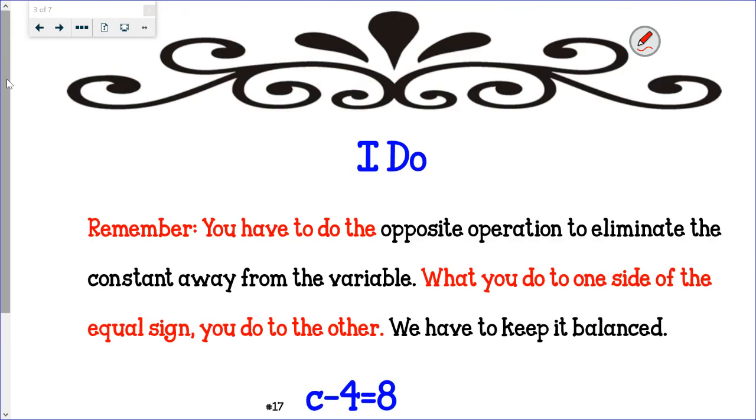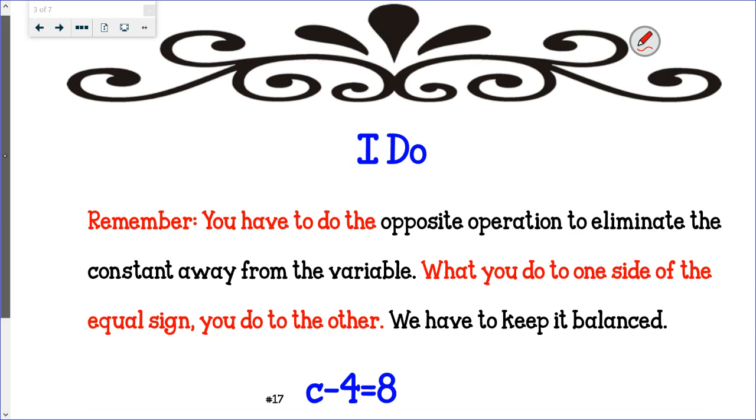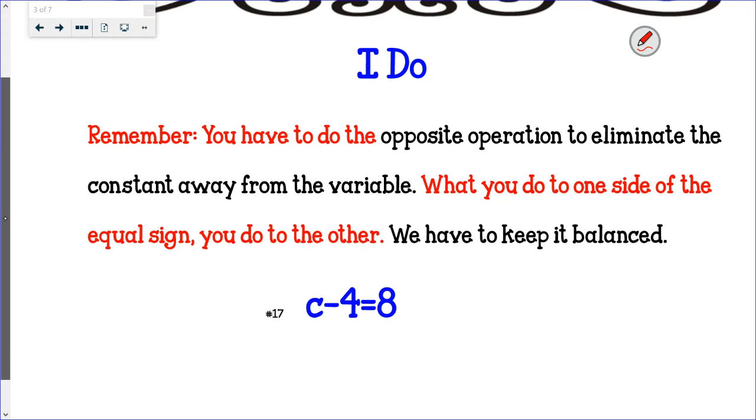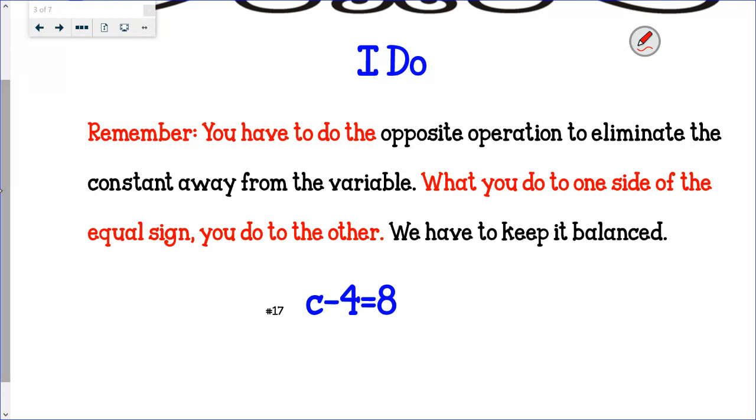So remember, we have to do the opposite operation. If it's add, we subtract. If it's subtract, we add. So that we can eliminate the constant away from the variable. And what we do to one side of the equal sign, we have to do to the other so that we keep our equation balanced.